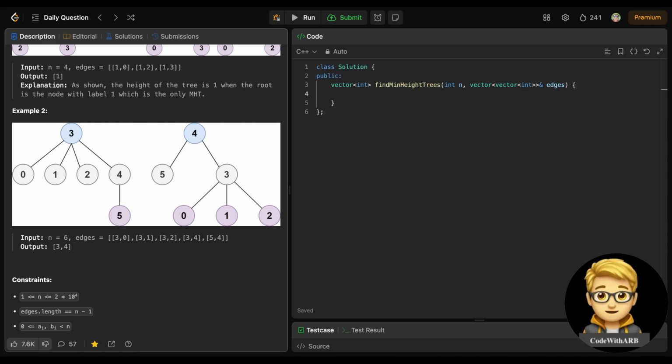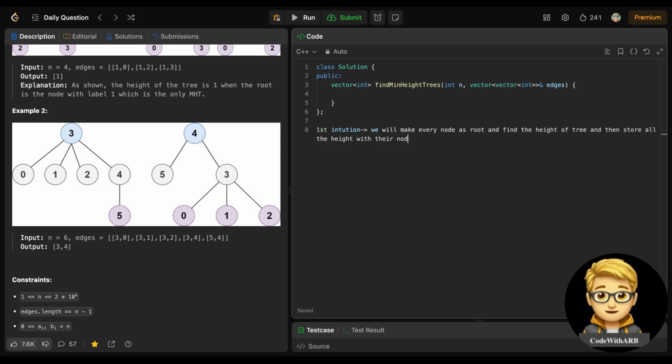How should we think here, right? The first approach, the first intuition that should also come to your mind, is that we will make every node a root and find the height of the tree, and then store all the heights with their nodes.